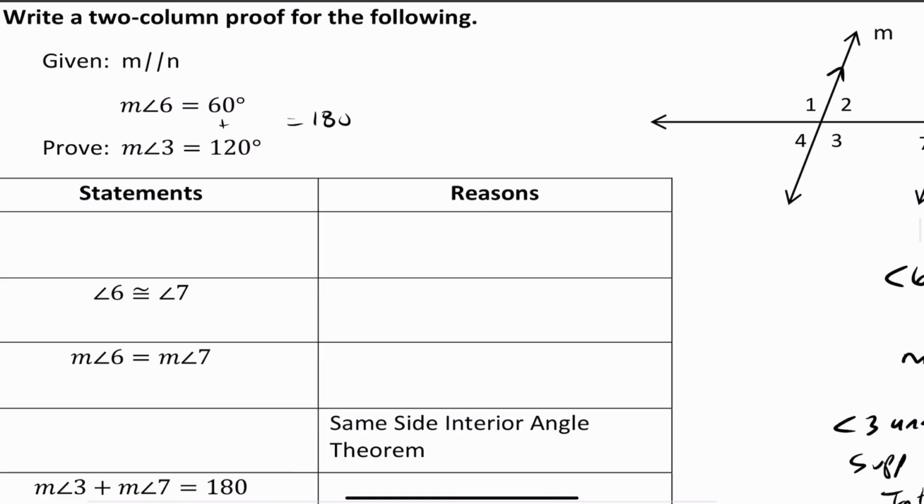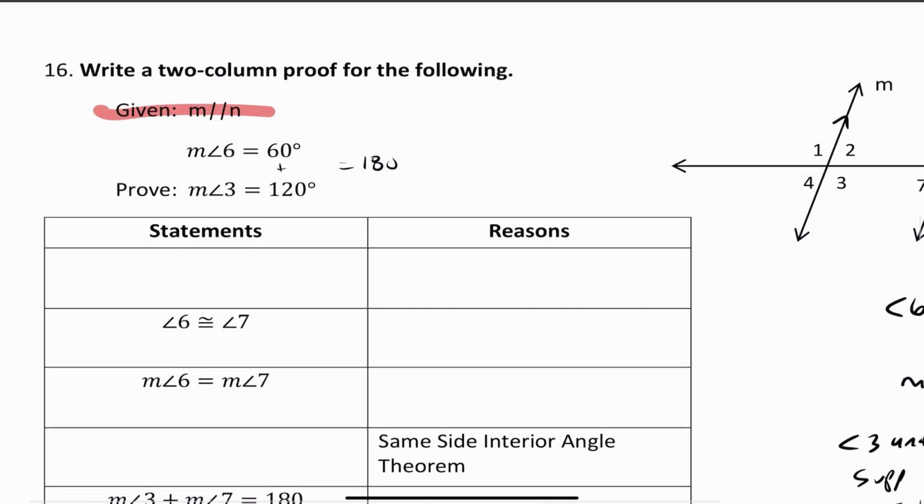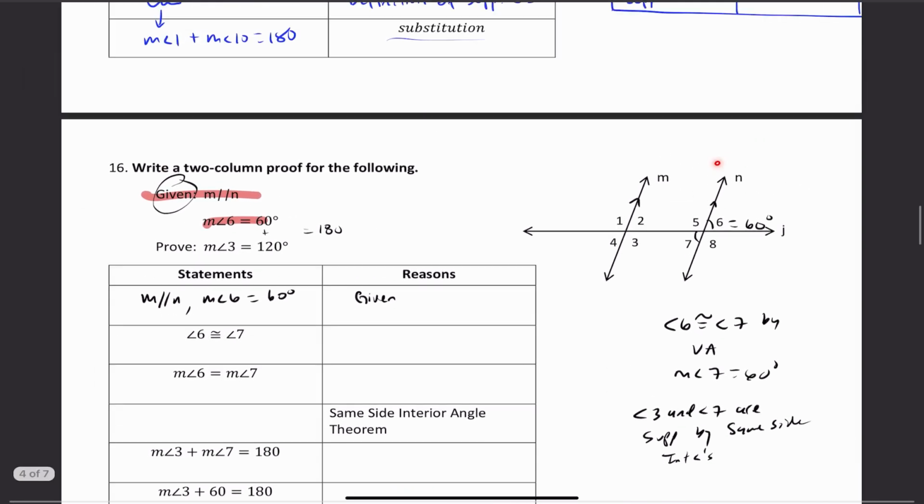So again, given M is parallel to N and the measure of angle 6 is equal to 60 degrees, and that has to be my given right there. And I see that angle 6 and angle 7 are congruent. We've already talked about that. That's because of vertical angles.